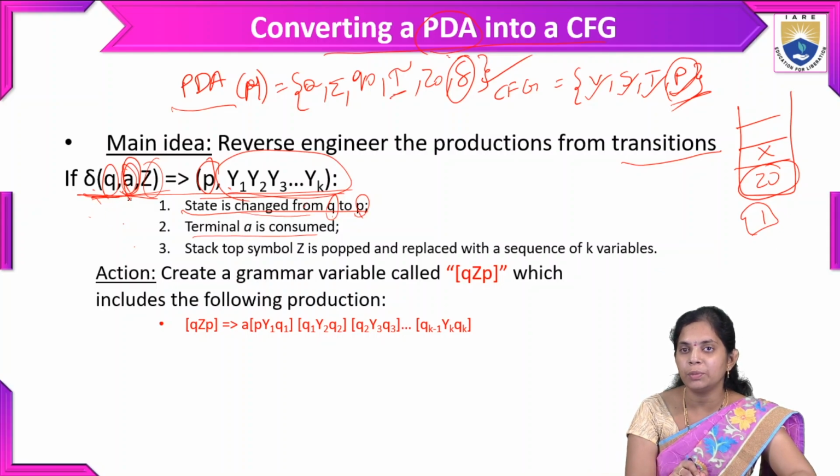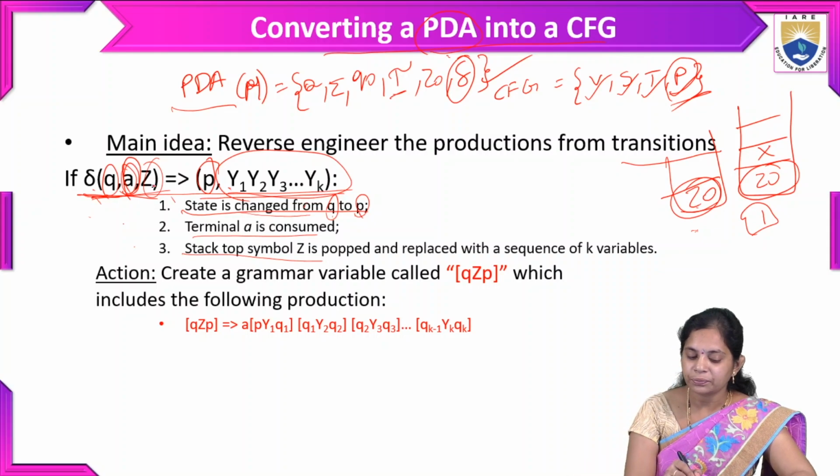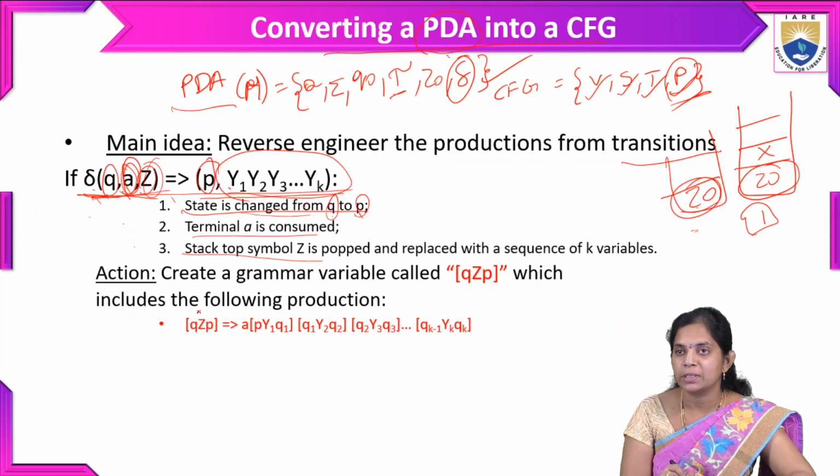These are the terminal symbols while reading, and Z is the top of the stack symbol. Before reading this A, what is the top of the stack symbol? Without reading this 1, the first step is this one, and that's why we have written this as the top of the stack symbol. This is what we represent in the transition function.